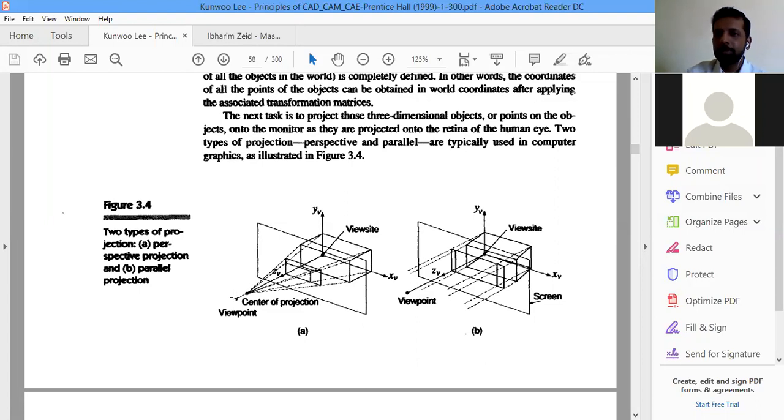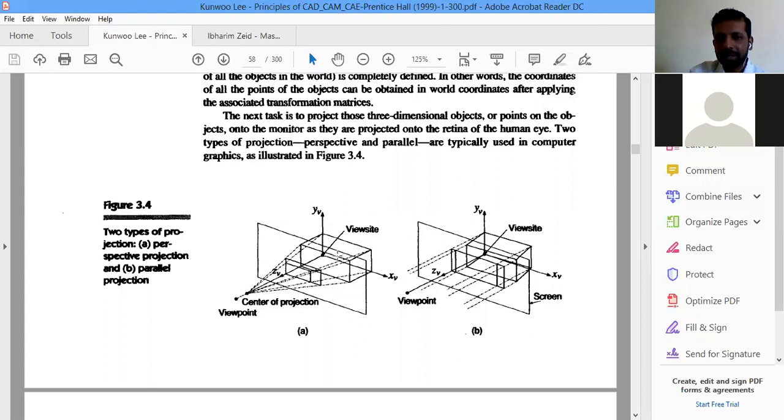It's an imaginary point on the display screen, from where the lines are going to deviate towards the object. As we see, the dotted lines start diverging from a point of origin, that is the center of projection, towards the corners of the object.